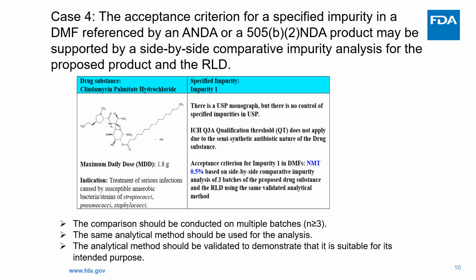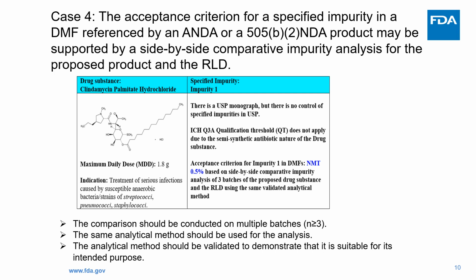Case 4. The acceptance criterion for a specified impurity in a DMF referenced by an ANDA or a 505(b)(2) NDA product may be supported by a side-by-side comparative impurity analysis for the proposed product and the RLD. Just to give you an example, the drug substance clindamycin palmitate hydrochloride has a USP monograph.